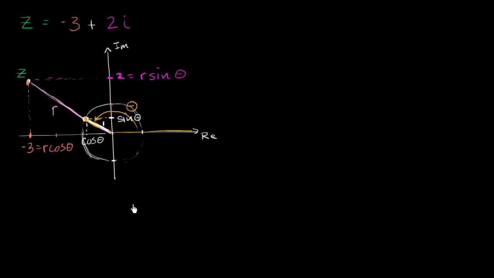So let's first think about figuring out what theta is. To do that, let's think about our trig functions. One trig function that involves sine theta and cosine theta is tangent theta. So tangent of our angle theta is equal to sine of theta over cosine of theta.